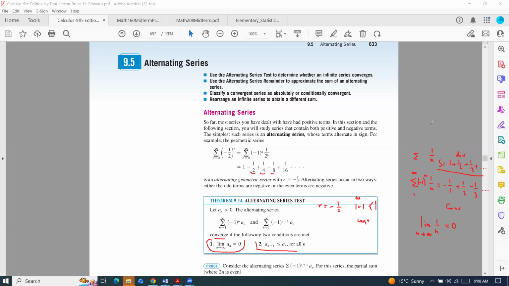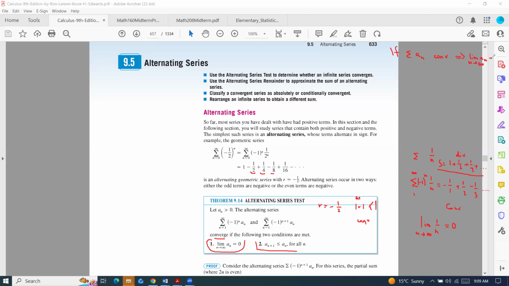In fact, remember, at the very beginning of the story about any series we had a statement that says if this is a convergent series, then the limit of the nth term must be 0. But it didn't work backwards. What does that mean?